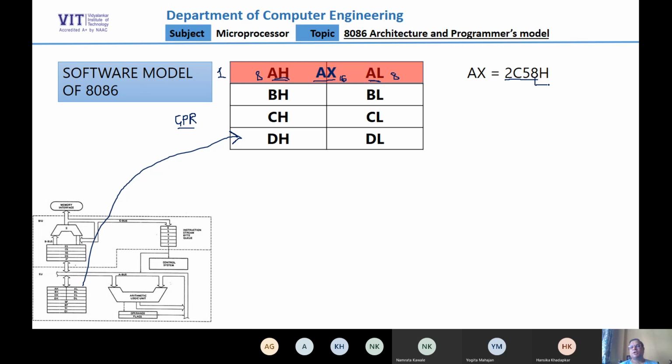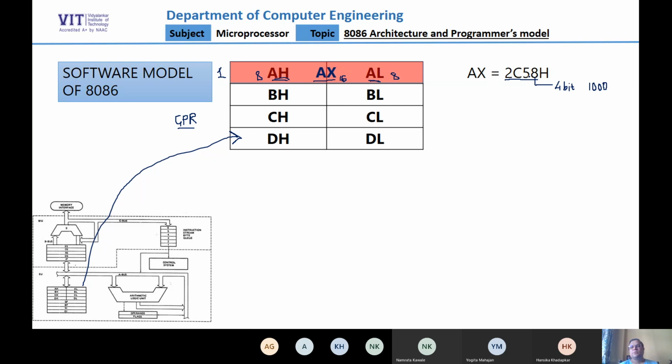Every hexadecimal digit corresponds to 4 binary bits. For example, 8 is one of the hexadecimal digits present in this number, and it corresponds to the binary bit pattern 1000. So every hexadecimal digit corresponds to 4 bits.